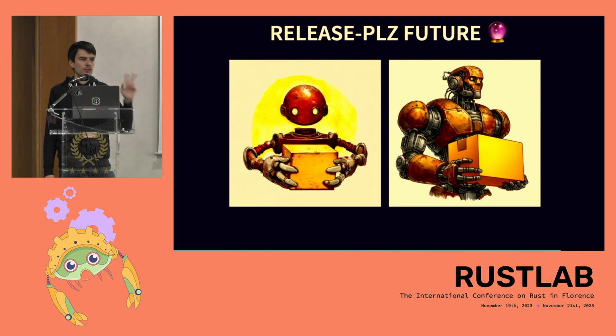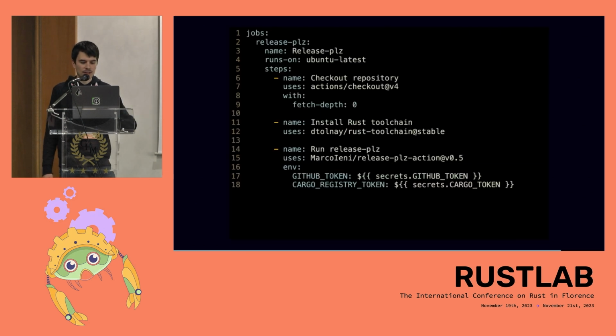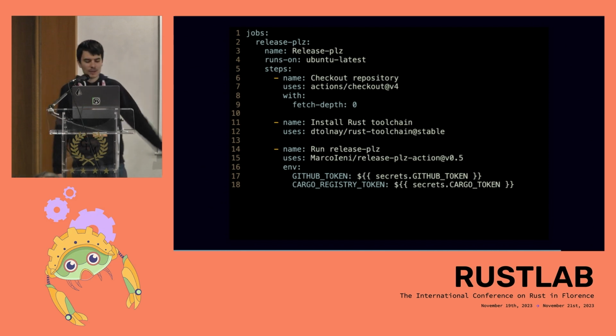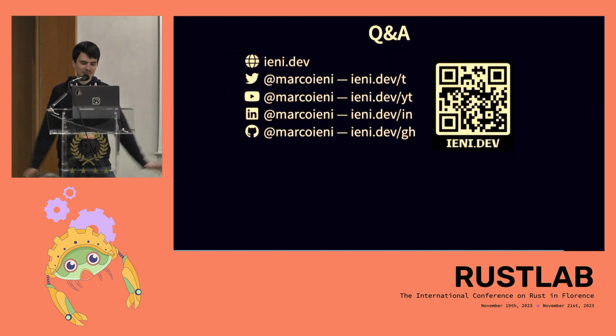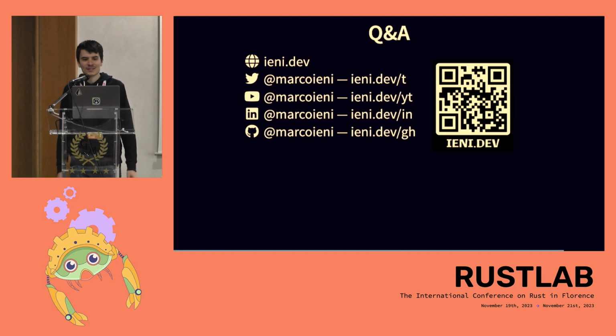I think 2 or 3 people did their first open source contribution with release-plz, so it's very beginner friendly. Yeah, reach out. In case you were sleeping until now, the big TLDR is that if you want to release Rust projects from your CI, copy-paste this in your GitHub Actions. Of course, look at the docs. And yeah, that's it. Thank you.